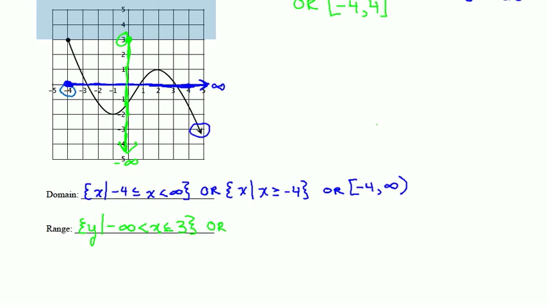Or we could simply state the set of all y such that y is less than or equal to 3, leaving out the statement that y is greater than negative infinity, which is sort of implied. Or we could simply state the interval from negative infinity to positive 3 with a square bracket on the 3 and a round parenthesis on the negative infinity.